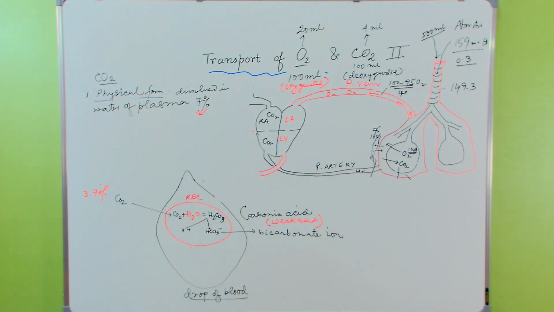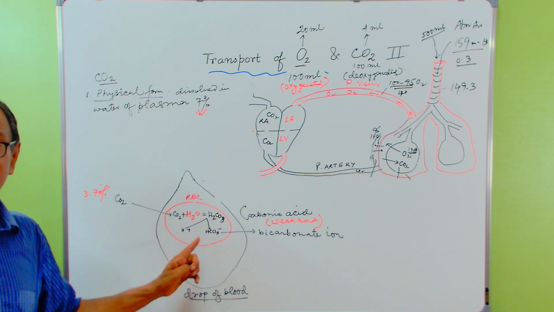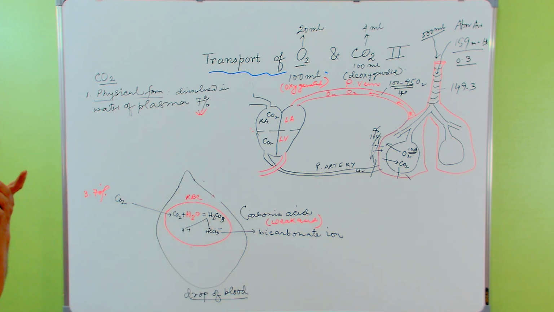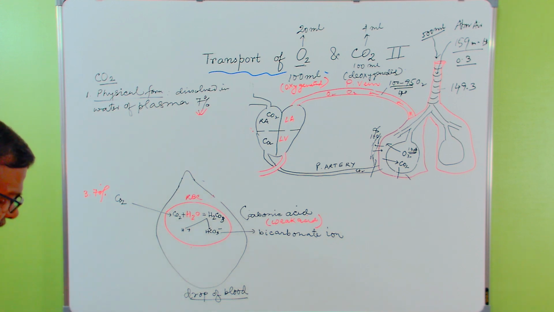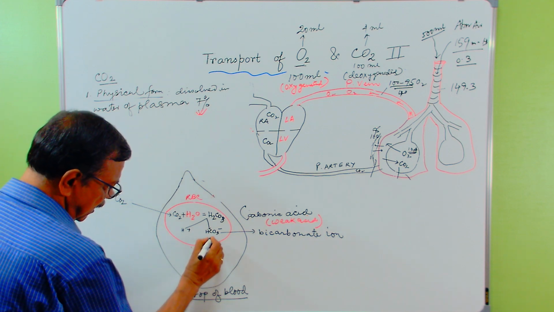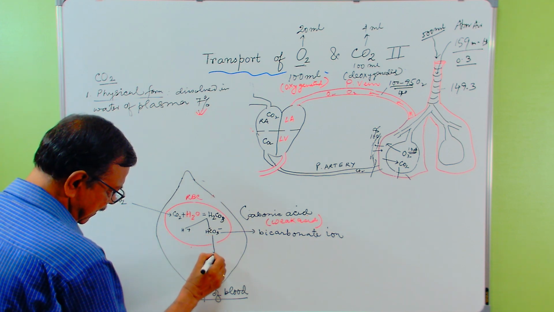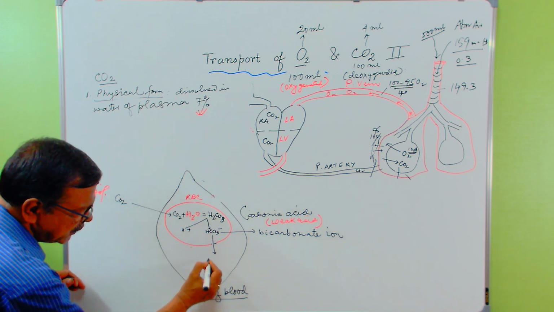So in the RBC, there is a chemical reaction. This bicarbonate ion then goes outside the RBC.